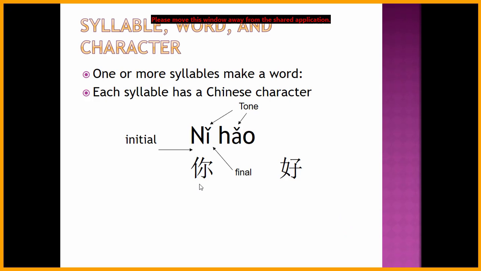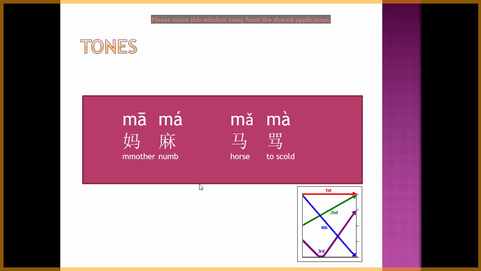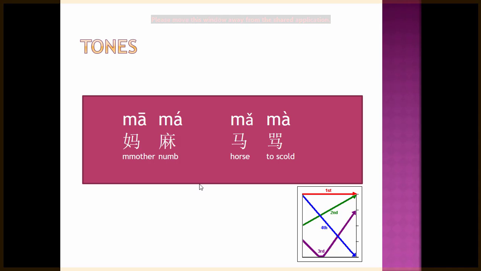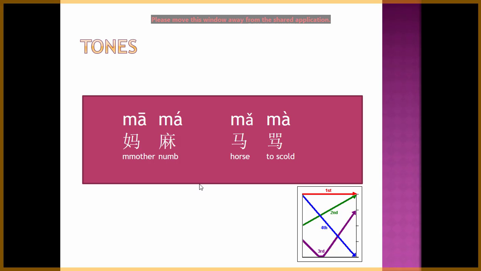What are the initials and finals? I'll explain. First, let's go to the tones. What are the tones? There are 4 tones, and one is neutral, that has no impact. If there is no tone, it has no impact. For example, the first is ma, that is flat.